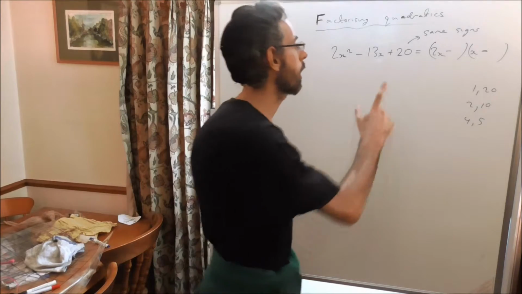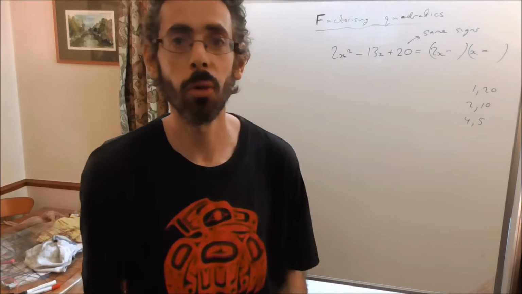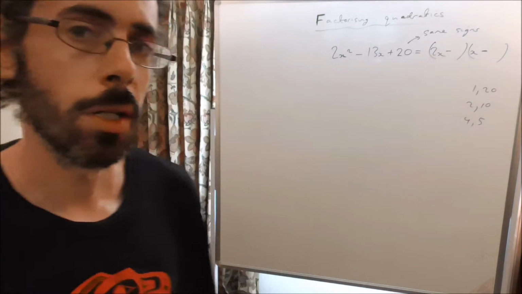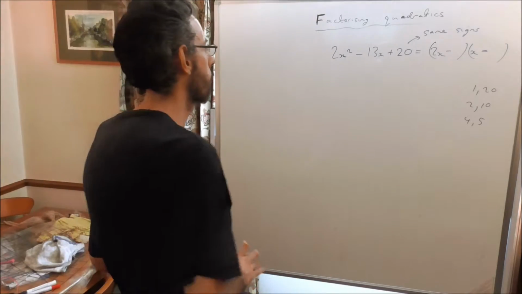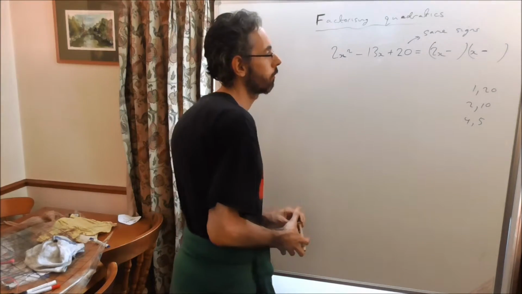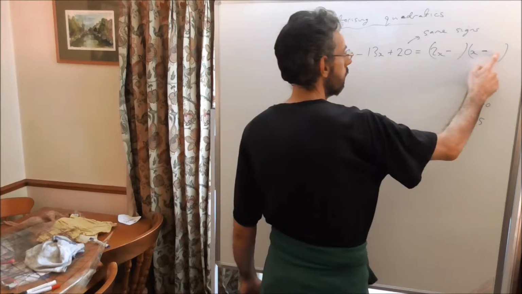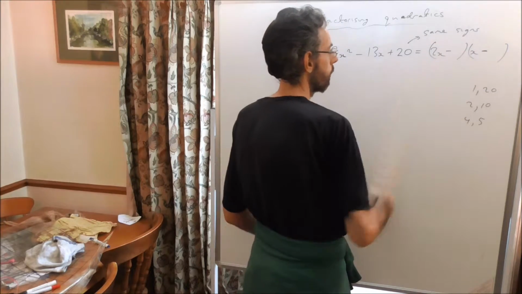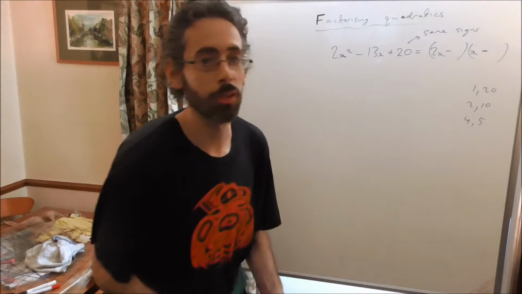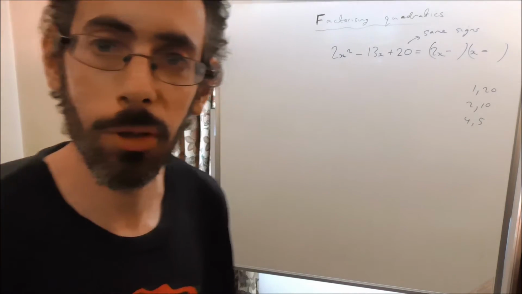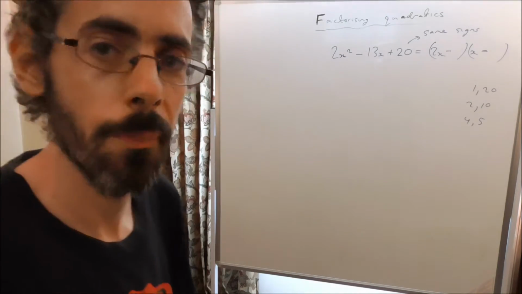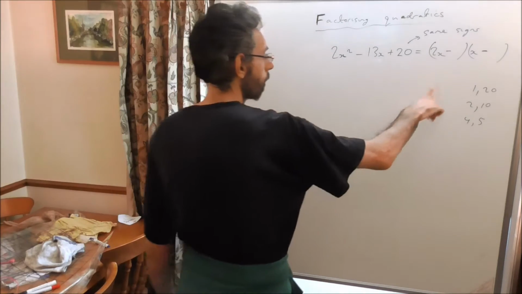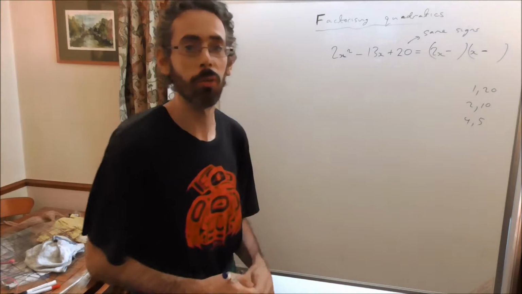Remember, if the signs are the same, it's the total we're interested in, not the difference. But whichever number we put here would be effectively doubled if you were to expand the brackets. So we're actually looking for a pair with a total of 13 when one of the numbers is doubled. So which pair, when one of the numbers is doubled, has a total of 13?